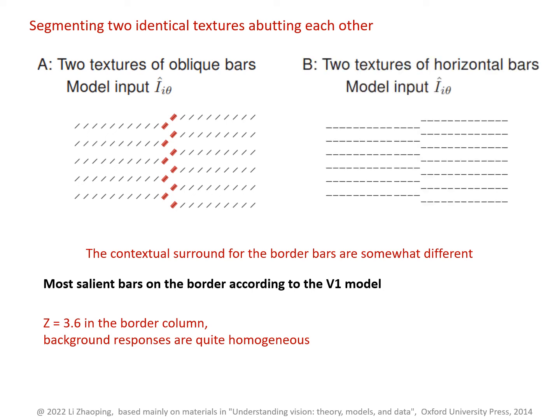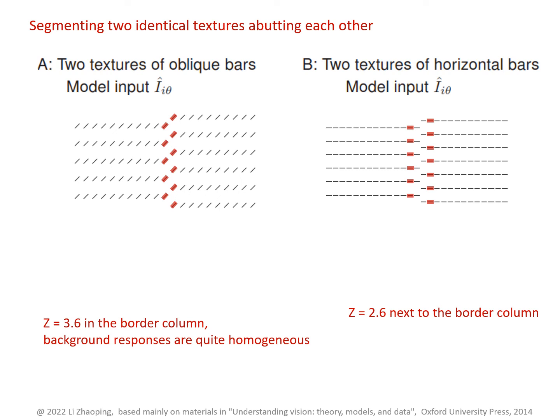Here is another example. Now, the most salient border bars are one column away from the border, and their z-scores are also high for similar reasons. We may wonder why these border bars aren't evoking higher responses than the bars in the neighboring column.